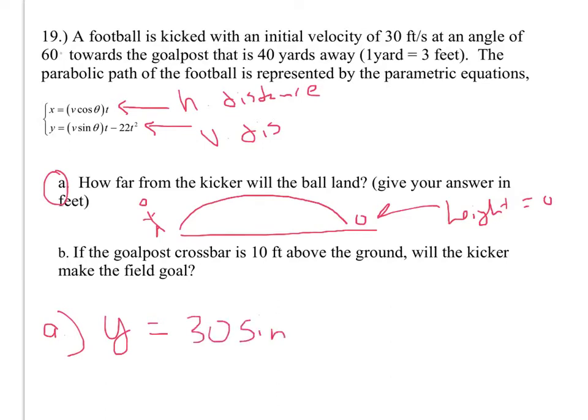We're taking sine of 60 degrees. And if you remember correctly, I made a slight correction, and we called that 4t instead of 22t. Okay, so let me just make this 4.